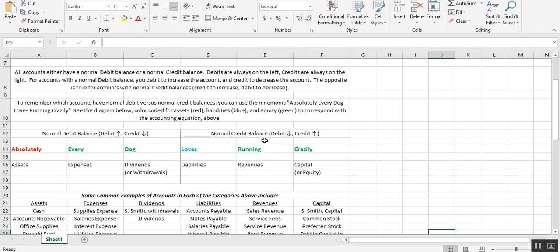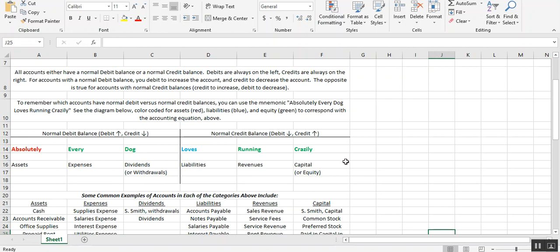But if you're struggling to figure out whether an asset goes up on the right or the left, whether an expense goes up on the right or left, or what kind of account is accounts payable? Is it an asset, a liability, an equity? If you can't remember those things, you might consider printing this sheet off. I've got a little diagram here and a mnemonic to help you remember.